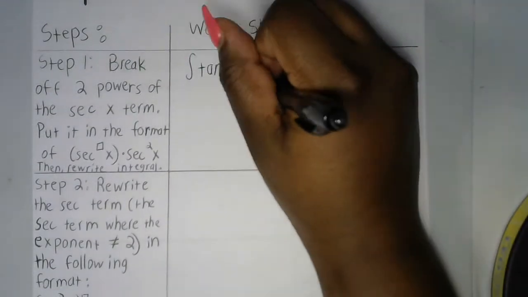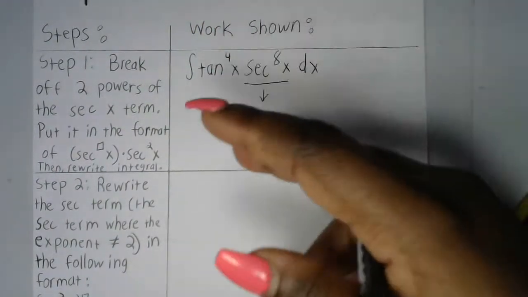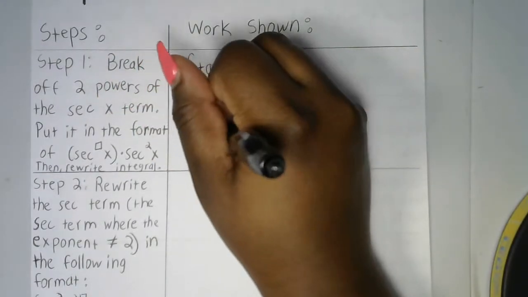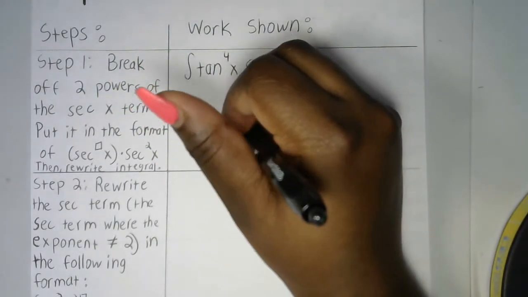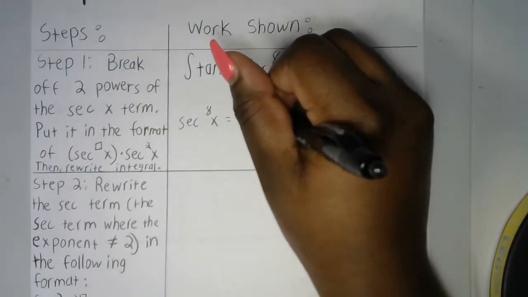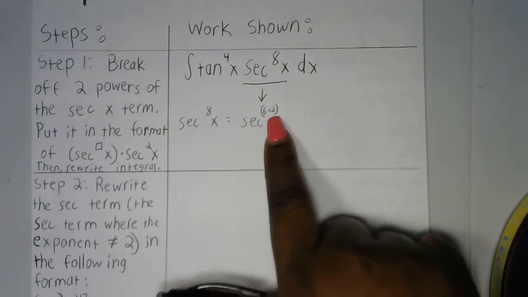So we're going to take this secant x to the 8th power term and break off 2 powers from this term. So secant x to the 8th power dx is equal to secant x to the power of 6 plus 2, because remember 6 plus 2 is 8 and we have to break off 2 powers.